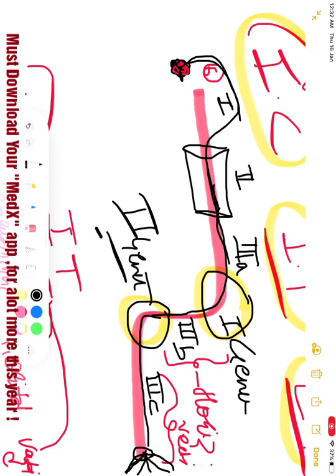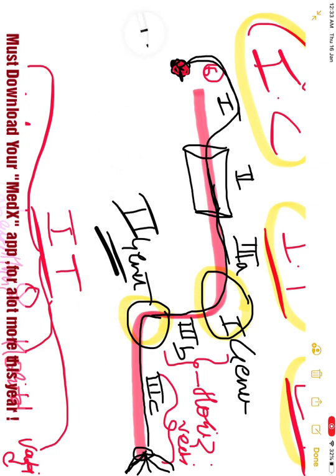Once you know the branches, you will get to know why it is important, because we need to diagnose a patient with facial palsy, at which level the facial palsy is occurring. So for that we need to see the branches.